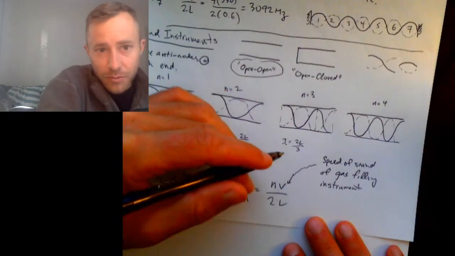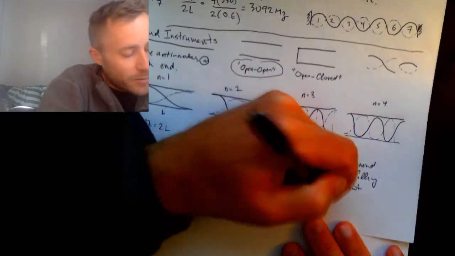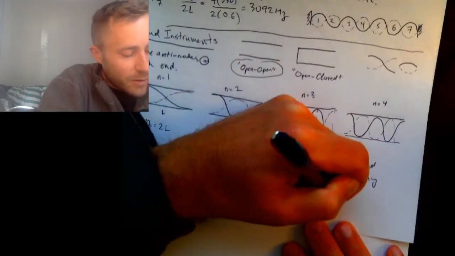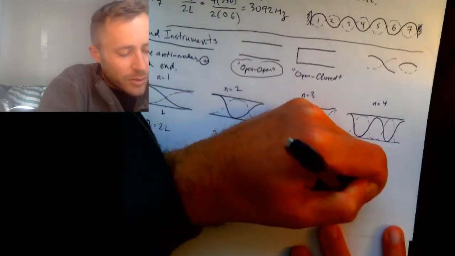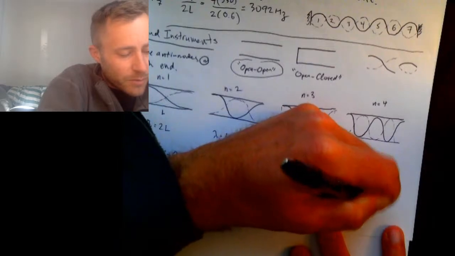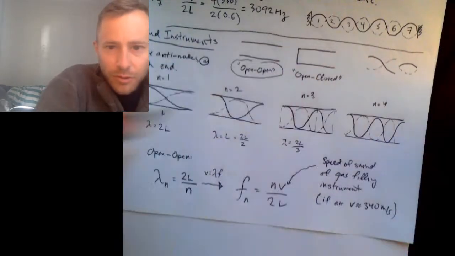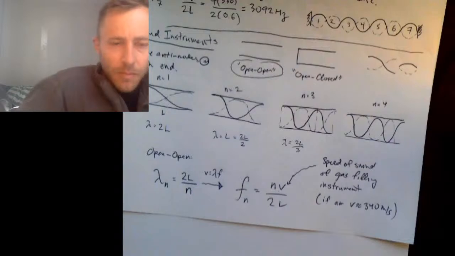It doesn't have to be air. But if it is air, then the speed is around 340 meters per second, depending on temperature, humidity, and other variables.